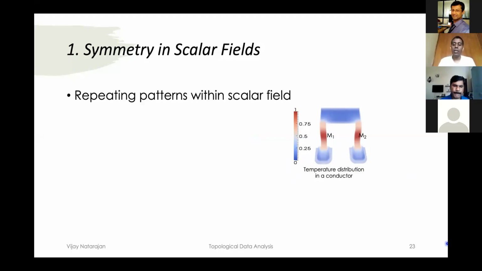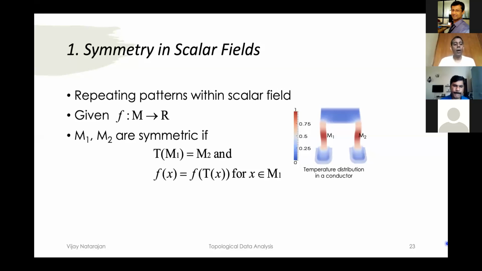All right. So in general, we would like to capture repeating patterns in our scalar field. Given a scalar function, again here f is just the temperature distributed over this domain, we would like to find out if m1 and m2 are symmetric with respect to each other. So we want to find if there is a transformation t that will take m1 to m2. In this case, the transformation is very simple.